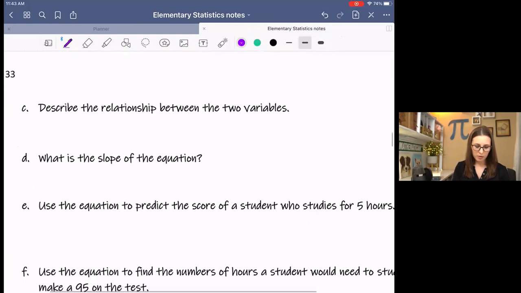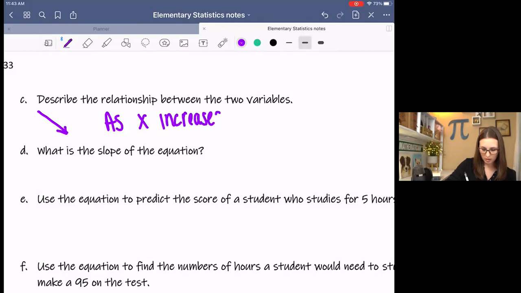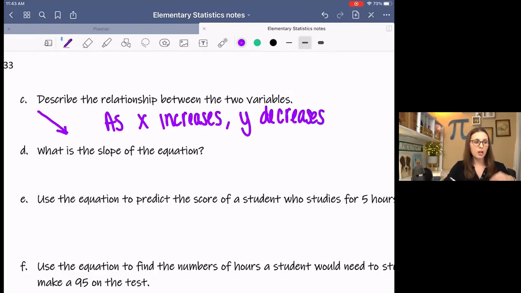And then we're describing the relationship between the two variables. Based on the scatter plot, we can see that it's going in a downward trend, which means that, I'm going to draw that downward trend, as X increases, Y decreases. So you might be thinking, what is she talking about?